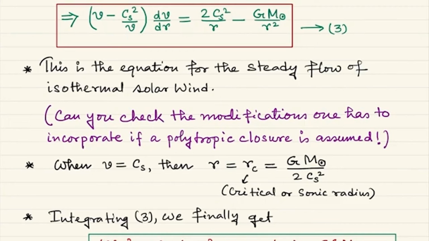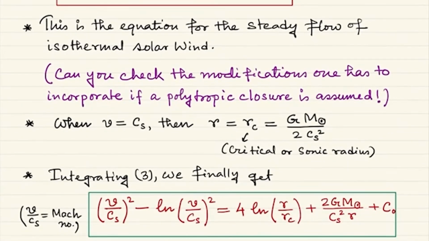So what is the meaning of that? Parker thought that the solar wind, after originating from the solar corona, when it expands, first starts with a very small velocity, then achieves the sound speed at this critical radius or sonic radius, and after that it becomes supersonic.